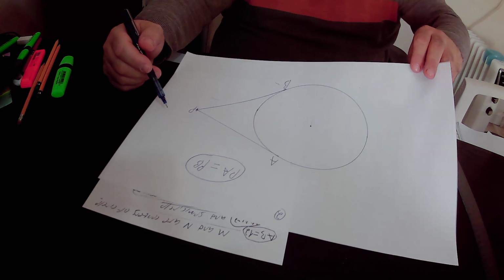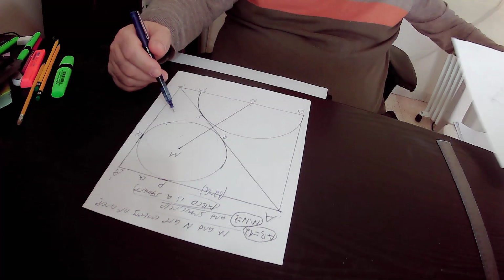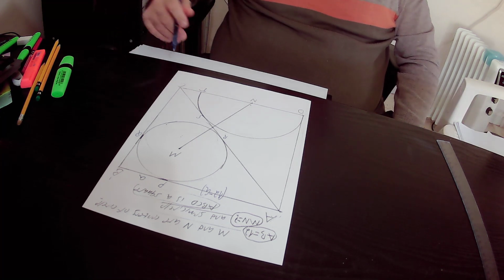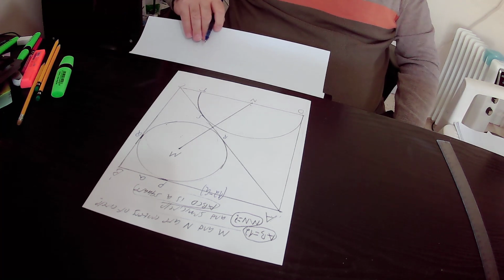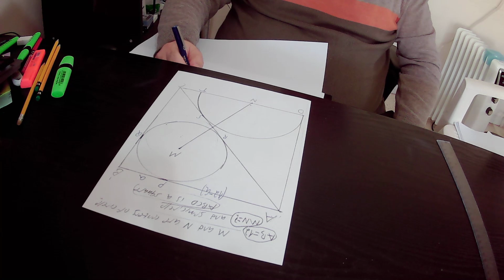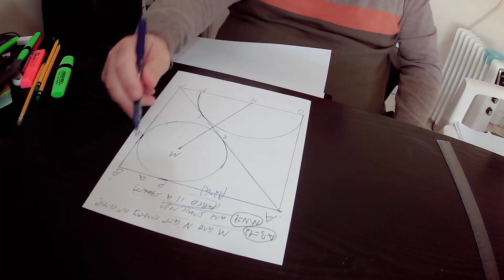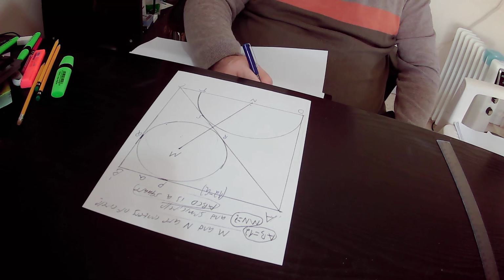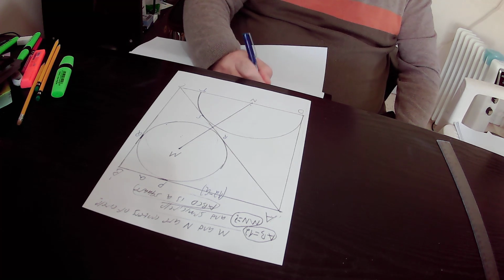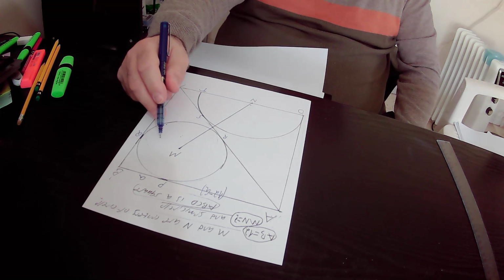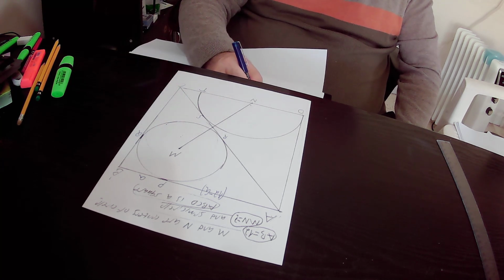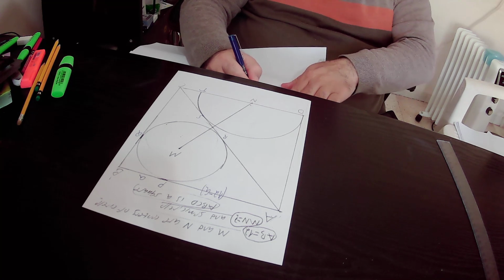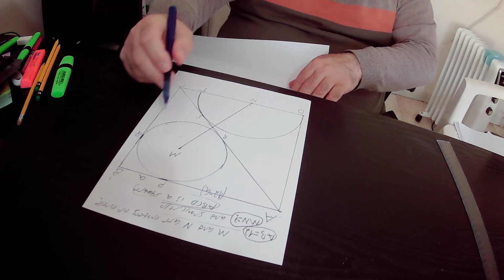Okay, so we actually can implement rule number 1 in our drawing, because point B is defined as an external point in relation to this circle, and from the external point B we have two tangents to this circle.